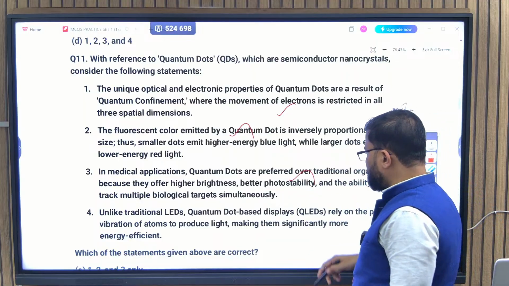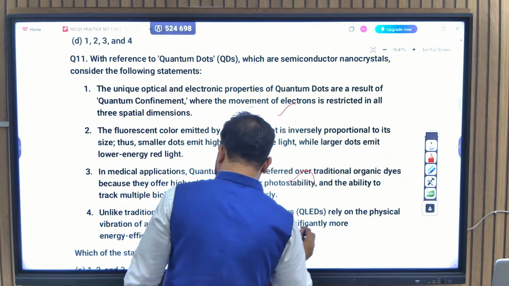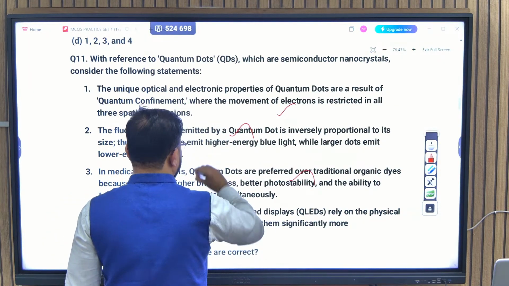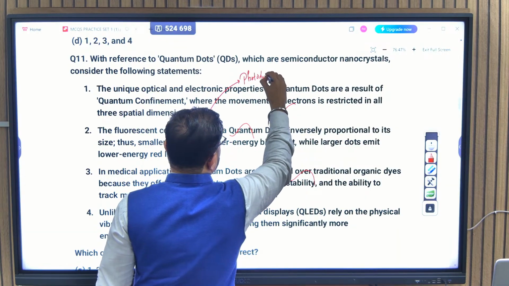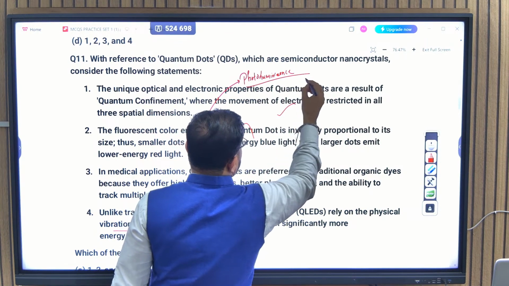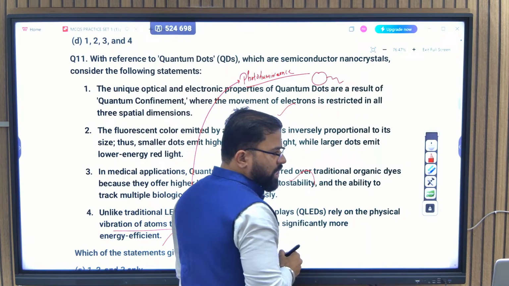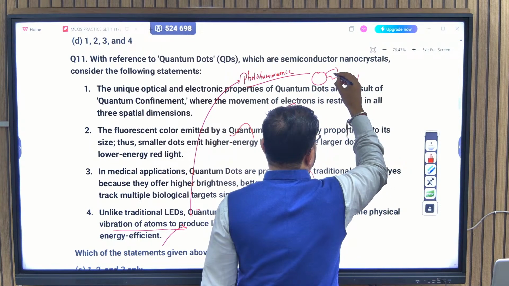True. But next: unlike traditional LEDs, quantum dot based displays rely on the physical vibration of atoms. No. Quantum dots rely on what? Photoluminescence. That means, in quantum dots, if ultraviolet light strikes, the electron will move to a higher orbit.